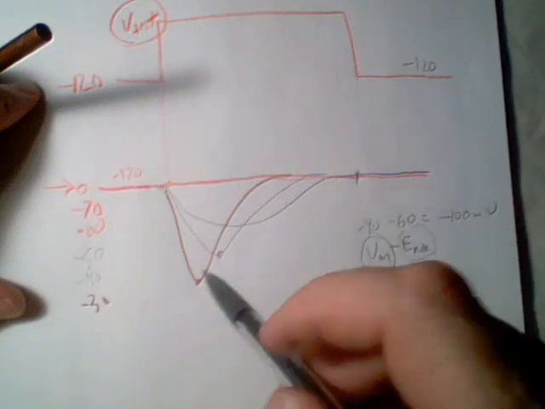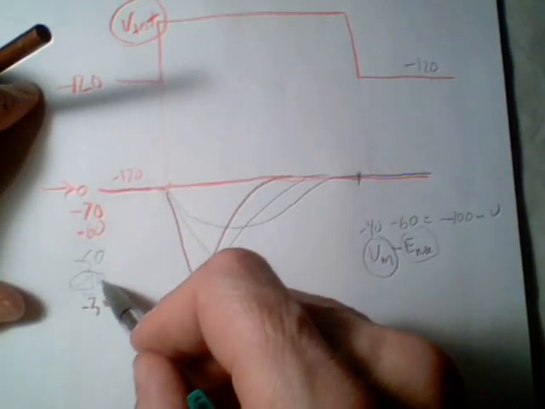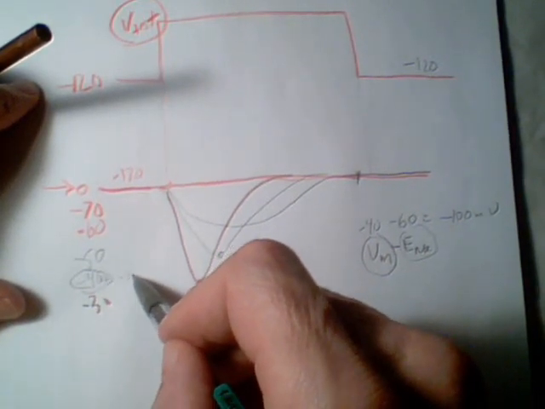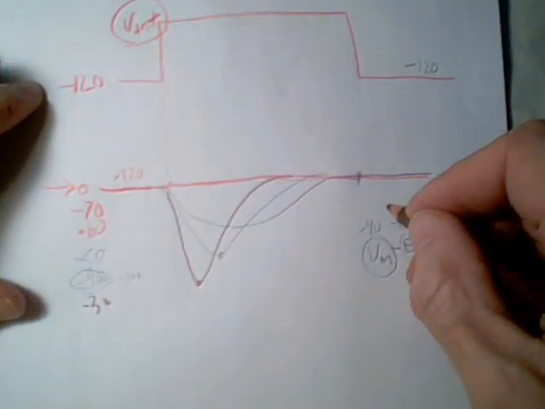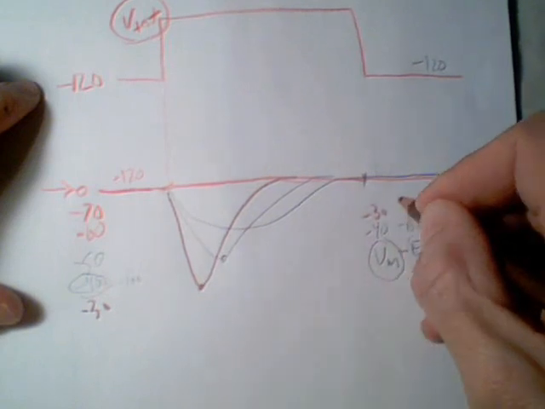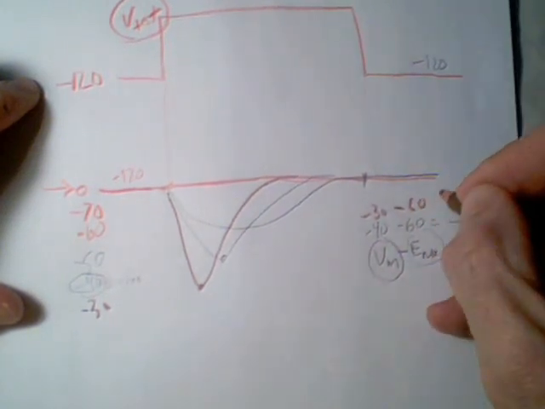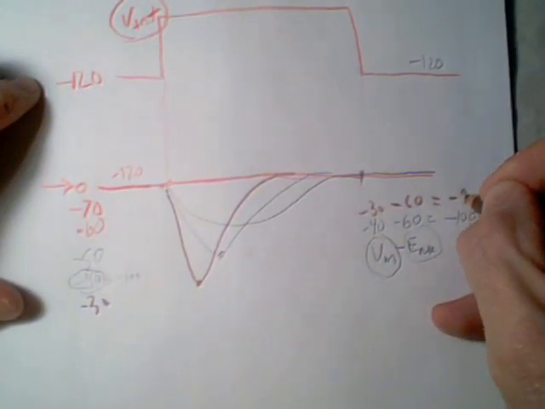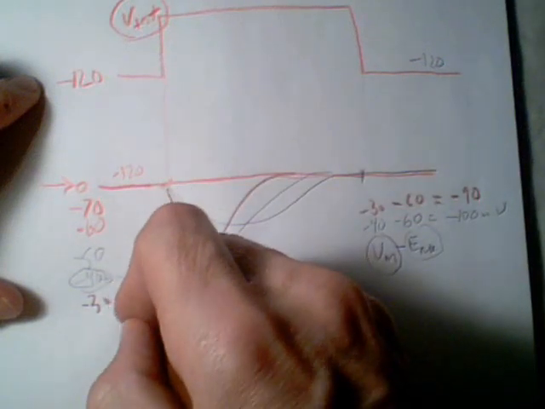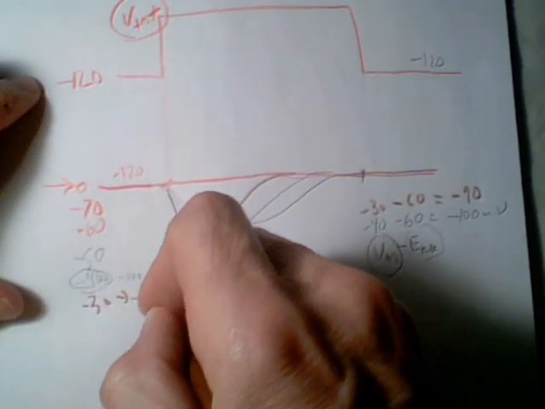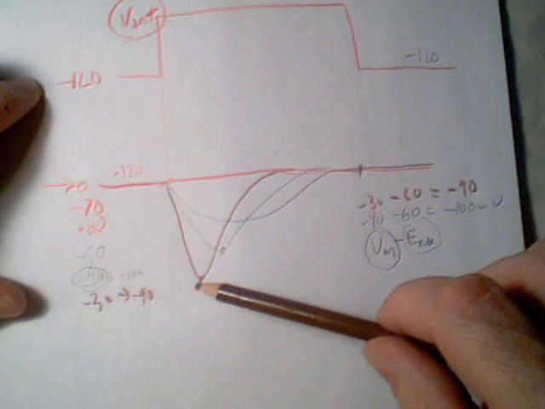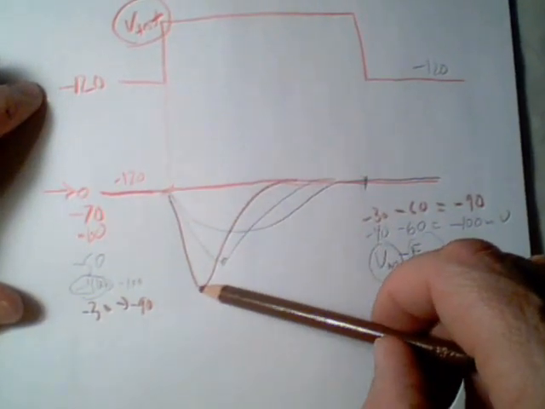That would be this one here. If we do -30, then -30 minus 60 equals -90 for a driving force. So we have less driving force here, but we have more current.